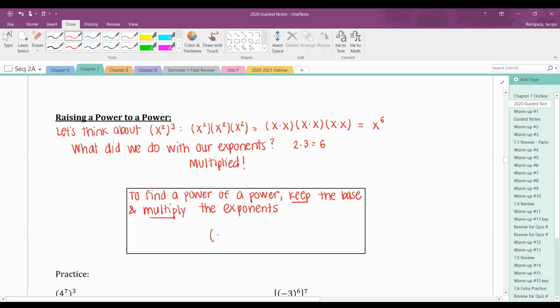So our formal definition then would be if we have x to the m power raised to the nth power, we keep that base of x, and m gets multiplied by n to become our new exponent.